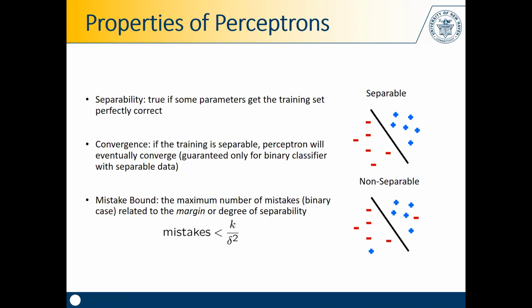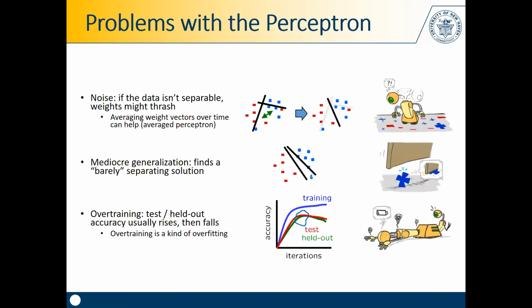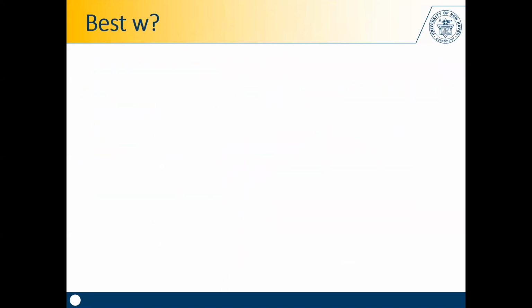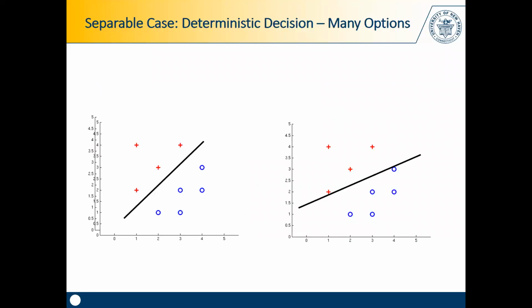We want the separation, or the margin that the decision boundary leaves for each class, to be as large as possible to lower the limit of the number of mistakes that can happen. So that's one of the desired properties of a good deterministic decision boundary.